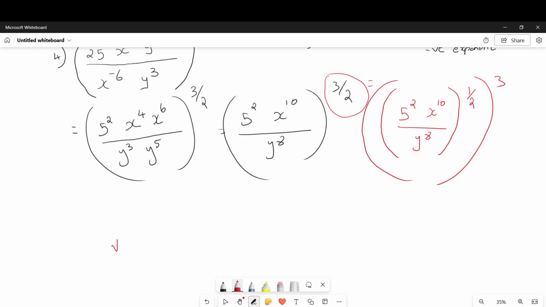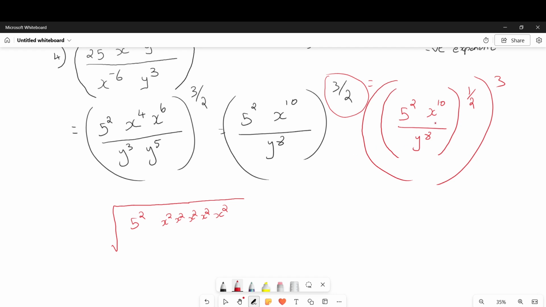So the square root of 5 square. Then what is this x to the 10? We can write it as x square, x square, x square, x square, x square: 1, 2, 3, 4, 5, so it's 10. Why I'm writing it like this is to make it easier to understand.